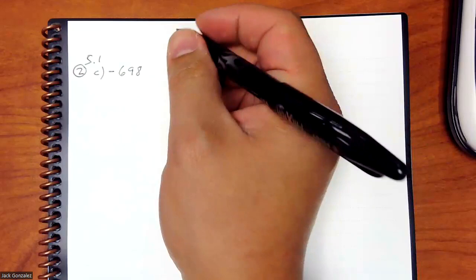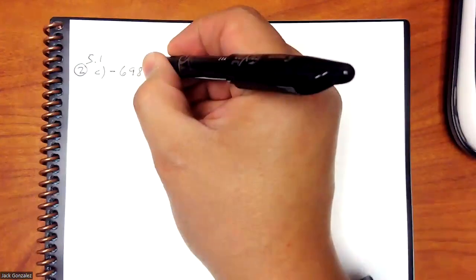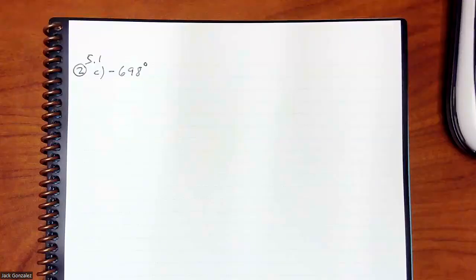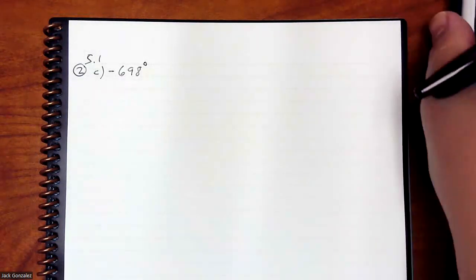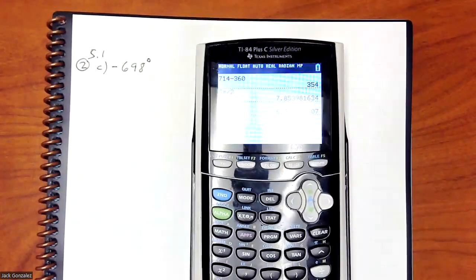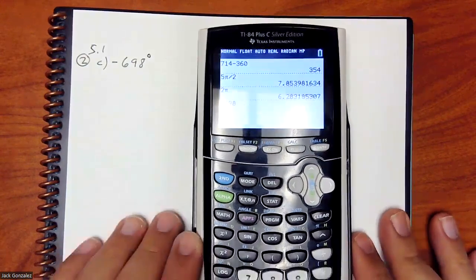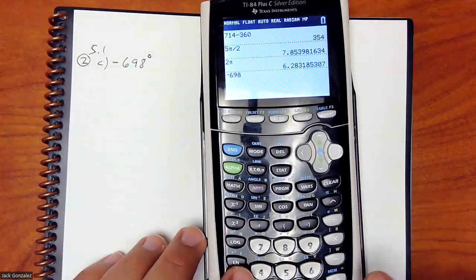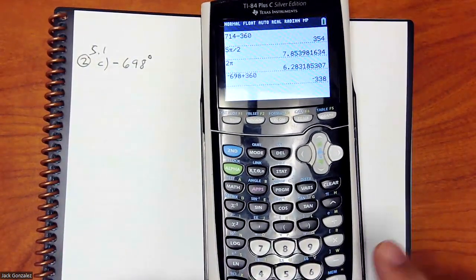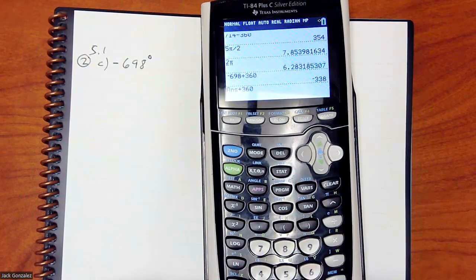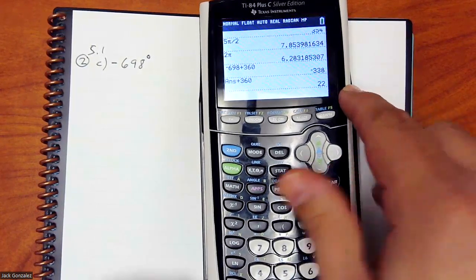So find coterminal angle. If it's negative, you're gonna add 360, right? They have to tell you degrees or radians. So just keep adding until we're no longer negative. That's it. So negative 698 plus 360, plus 360. So no longer negative, I'm at 22.